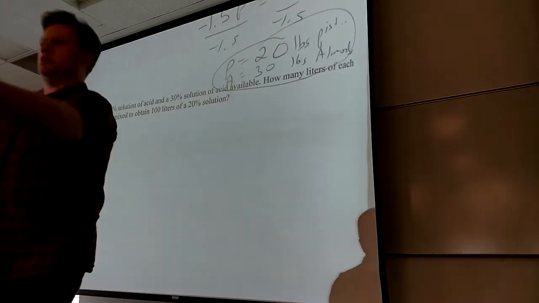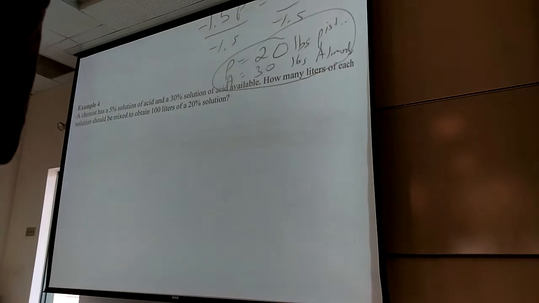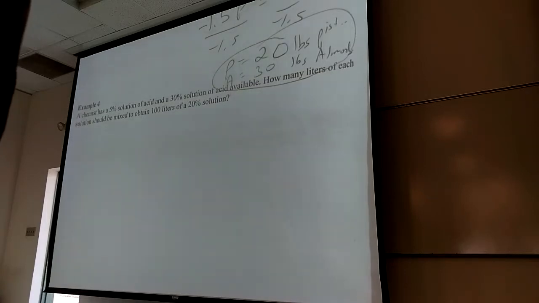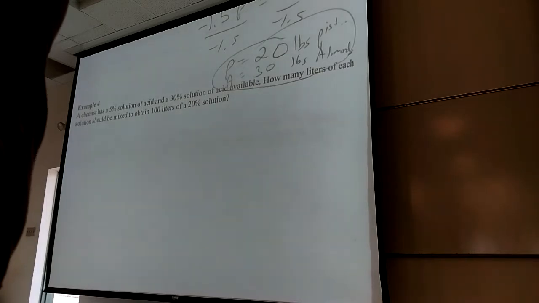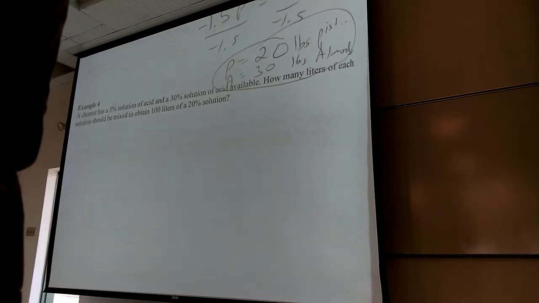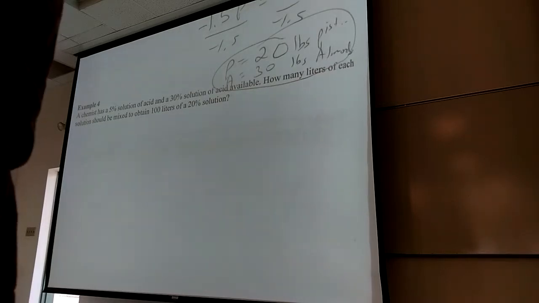Now, if I used equal amounts of each, shouldn't the result be right in the middle of the two percentages? Does that make sense? So one way to look at this is, I have a 30% solution. If I start adding some 5% solution, I am diluting this, am I not? The 30% solution, I'm bringing it down.